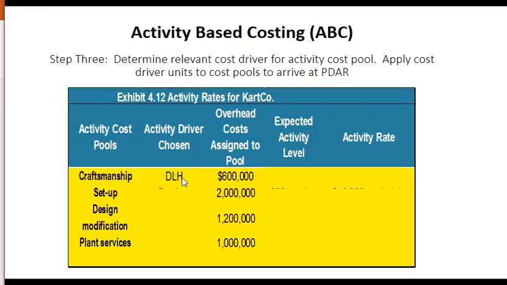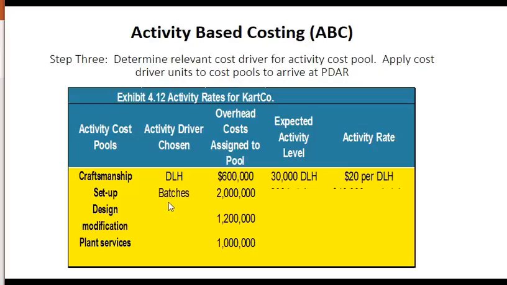Direct labor hours for craftsmanship would be the best way to assign the cost pool, and my expected activity level is 30,000 direct labor hours for the company. So my activity rate is $20 per direct labor hour.